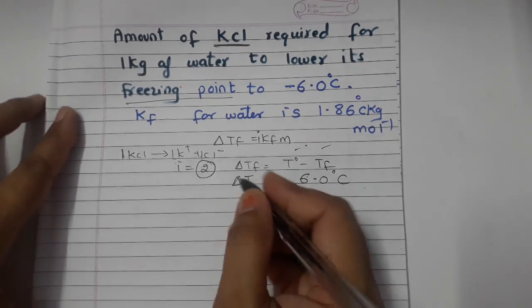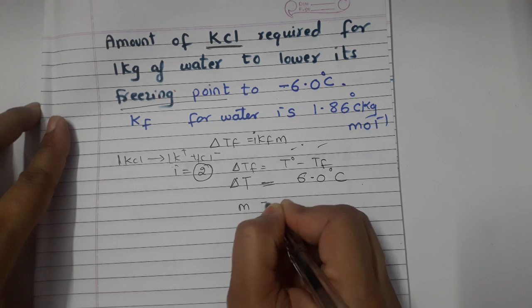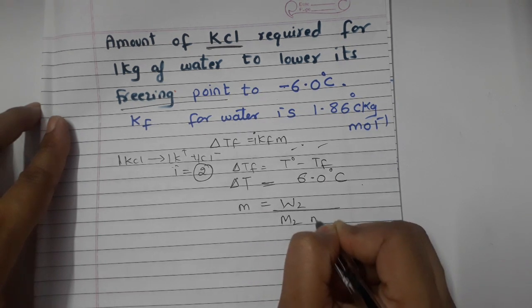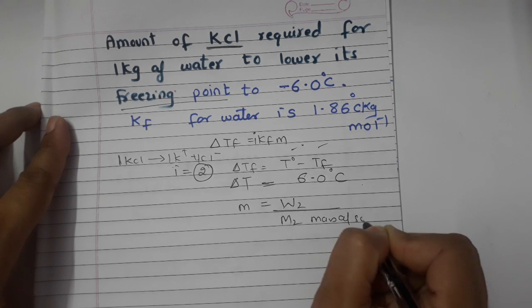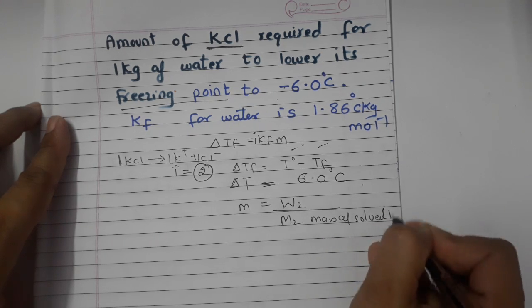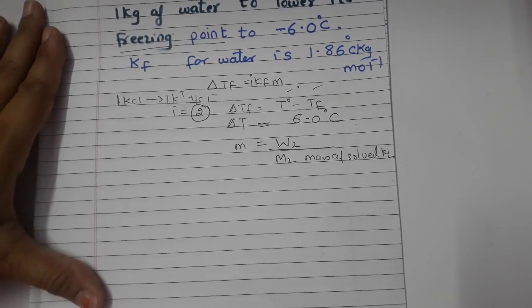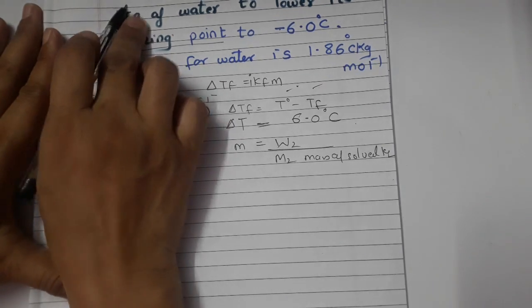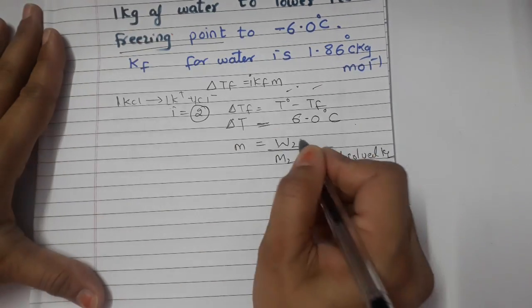Okay, and as far as M is concerned, what do we need? We need W2 upon M2 and mass of solvent in kg. So this numerical is comparatively very easy. Let us begin. We have to find out the amount of KCl, that is W2.